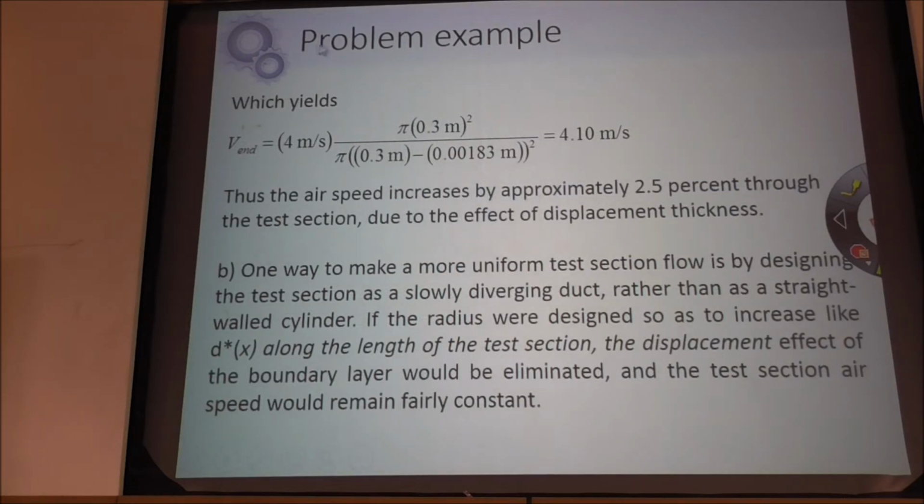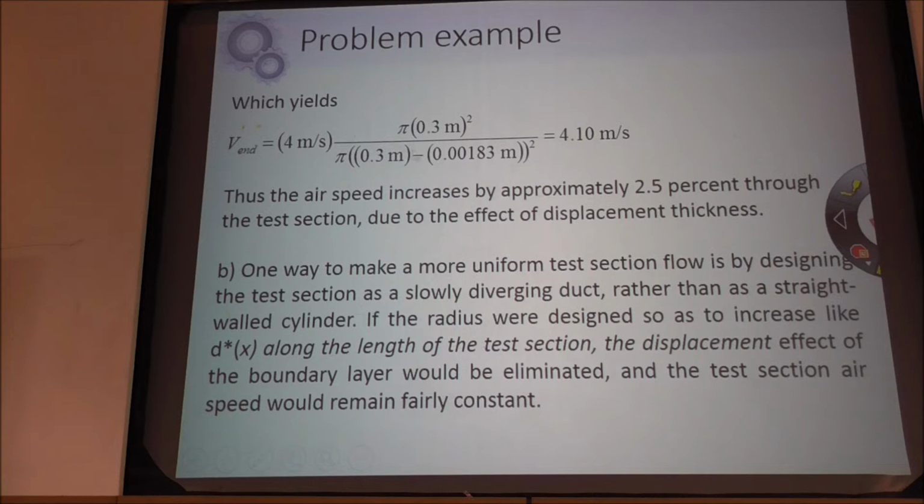So you can calculate that the velocity now is higher as compared to that, right? You're supposed to have 4 meters per second uniformly along the tunnel, but because of that apparent wall effect, you get 4.1 meters per second.